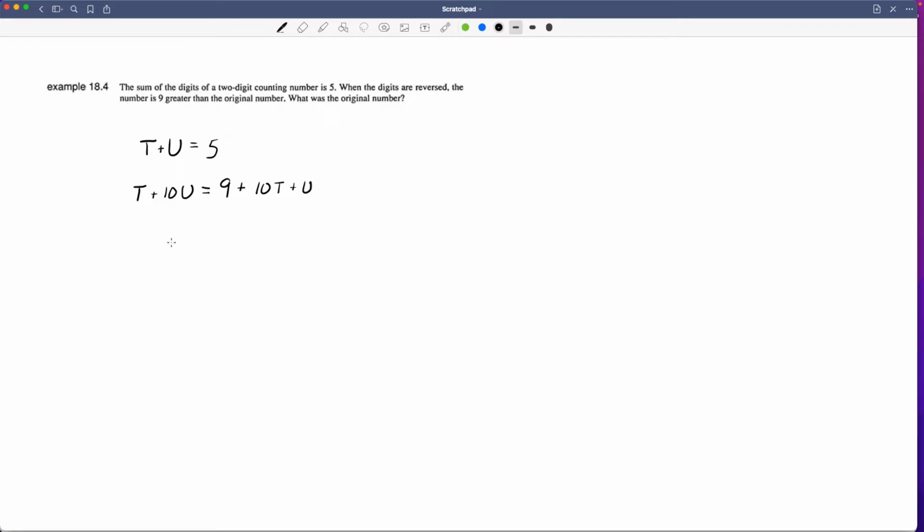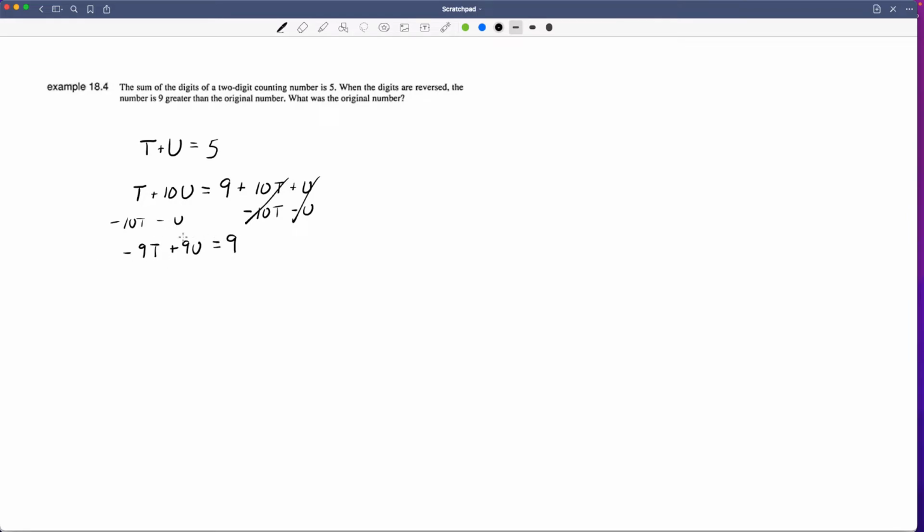So first thing we have to do is get all of our variables on one side. So we're going to subtract 10t and u from both sides. So minus 10t minus u. So that's negative 9t plus 9u is equal to 9 because these canceled out.